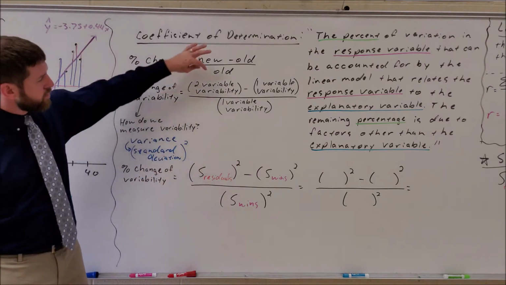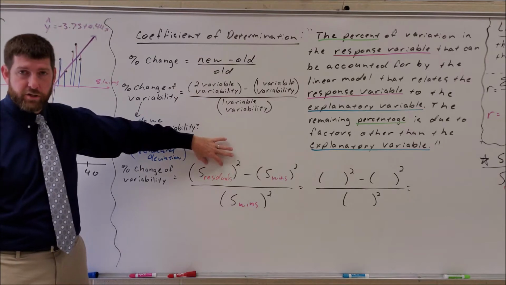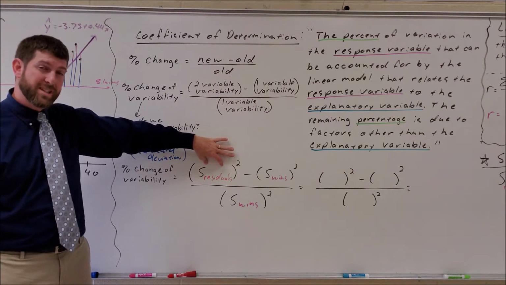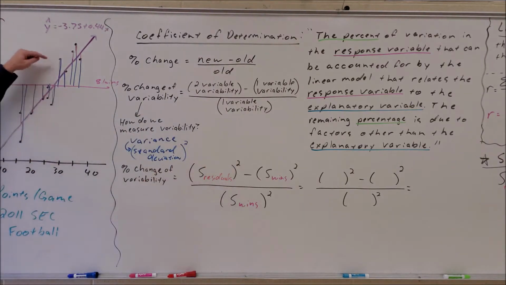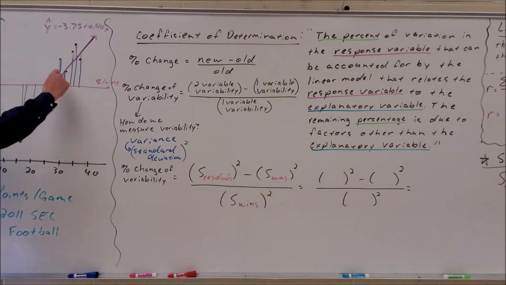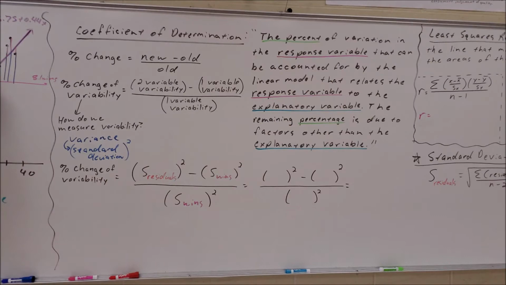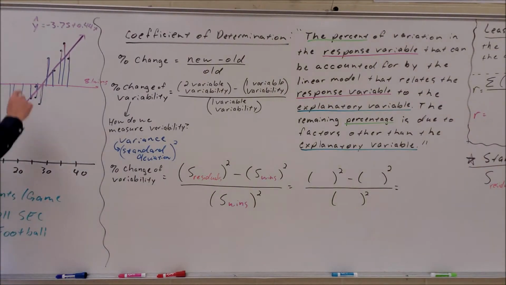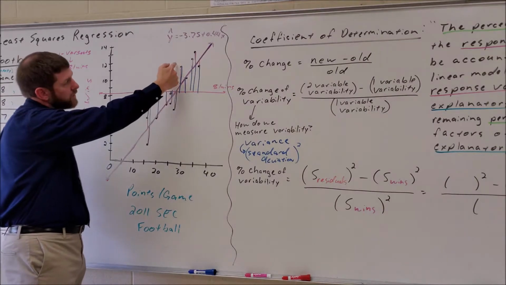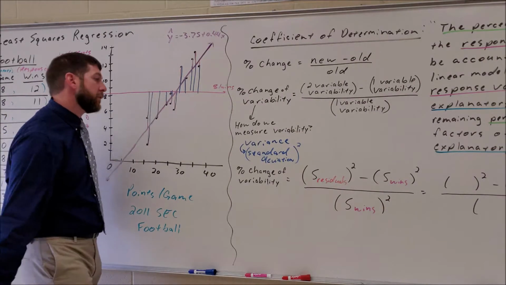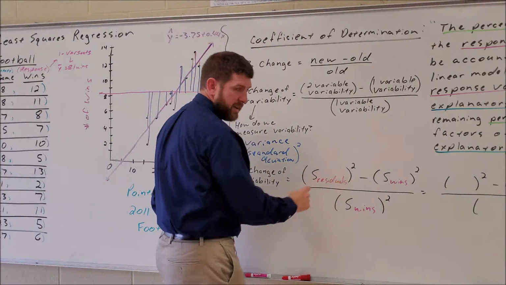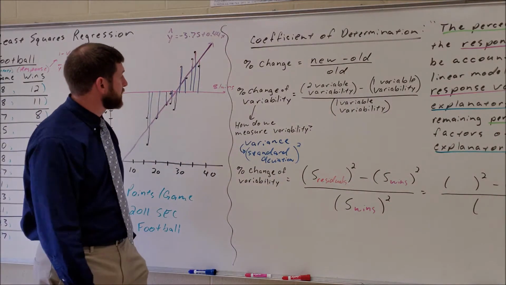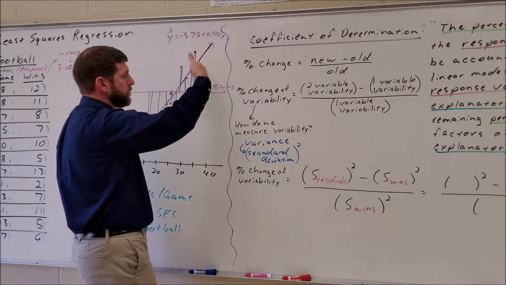It's going to take my 2 variable standard deviation, which is just your residual standard deviation. That's what the red represented. That was all of our residuals. How far was our observed from our predicted value? So that's going to be measured by the standard deviation of the residuals minus the blue there.